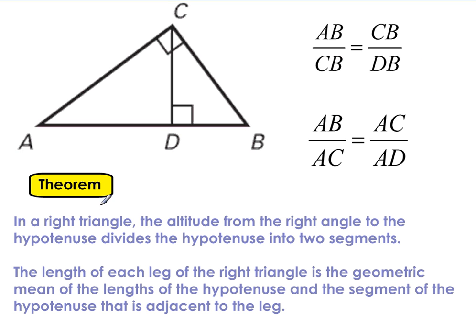Our other theorem says that in a right triangle, the altitude from the right angle to the hypotenuse divides the hypotenuse into 2 segments, which we see right here. The length of each leg of the right triangle is the geometric mean of the lengths of the hypotenuse and the segment of the hypotenuse that is adjacent to the leg. So we have AB, which is this whole entire segment that we see in both of these.